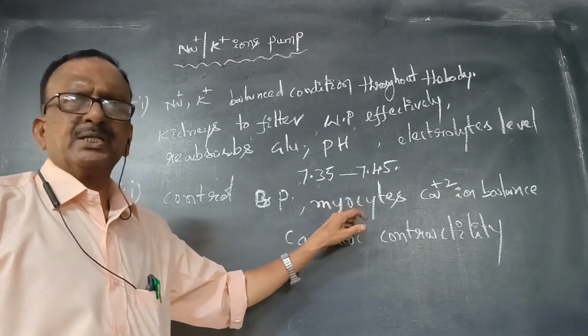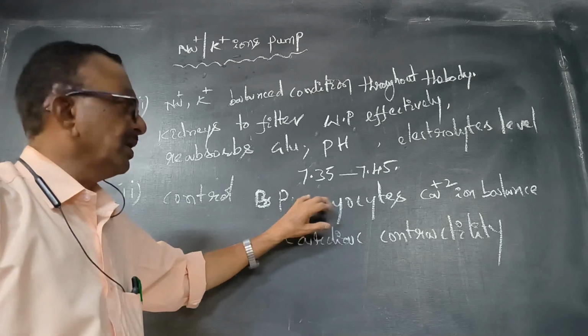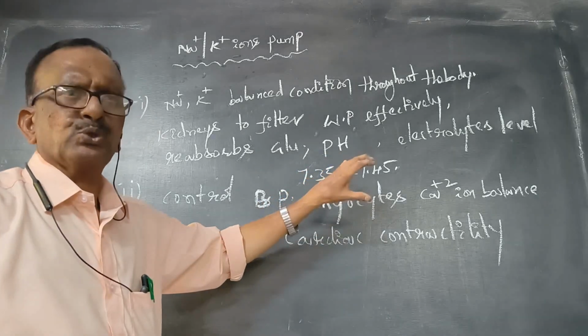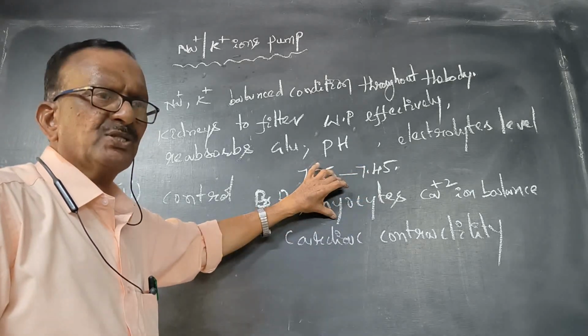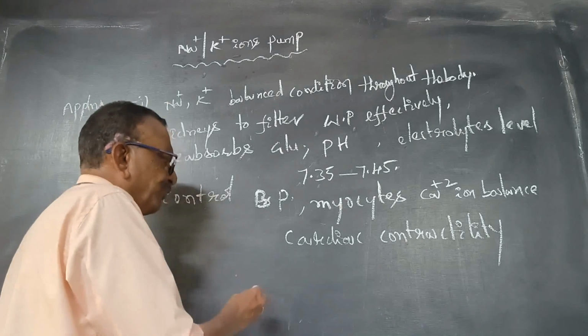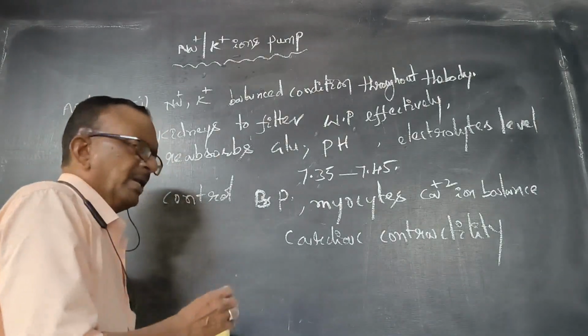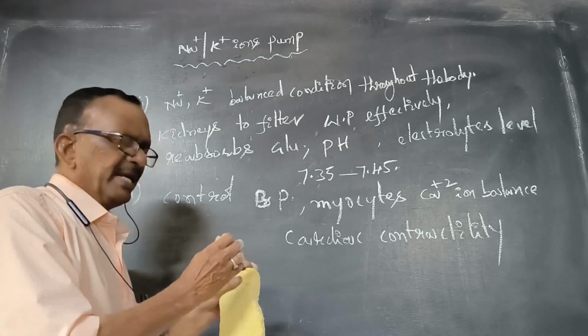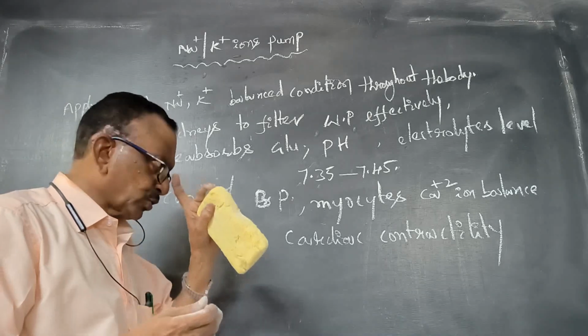What are myocytes? Myocytes means special types of cells connected with tissues. Generally, their function is to contract or to expand. For example, if we take the heart, when it contracts, that process is called systole. If it expands, then it is called diastole.